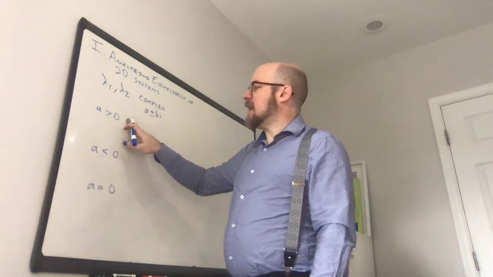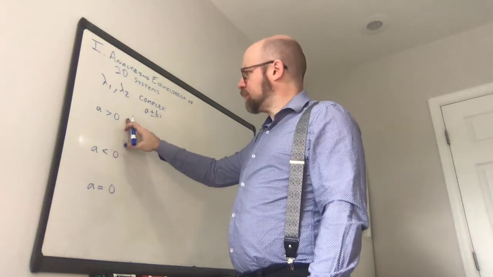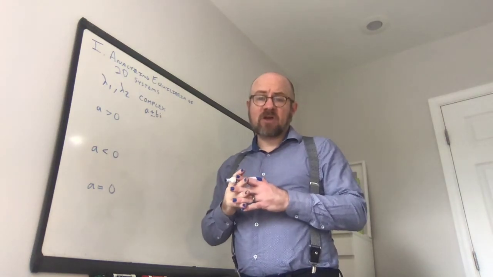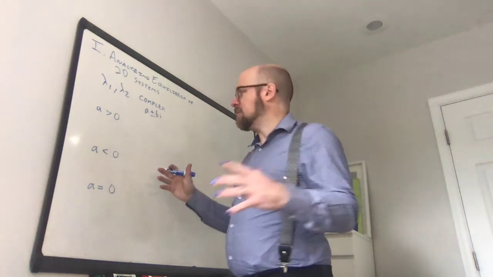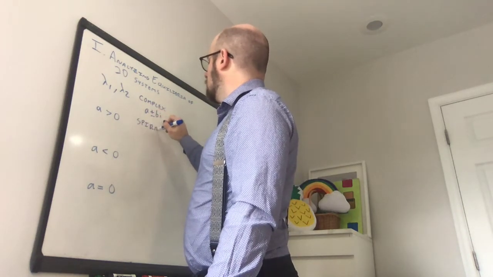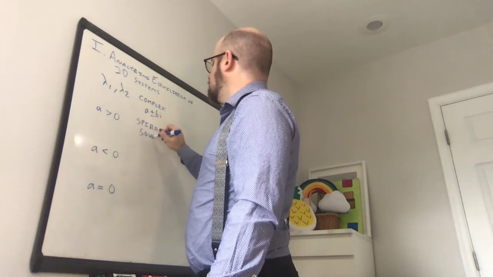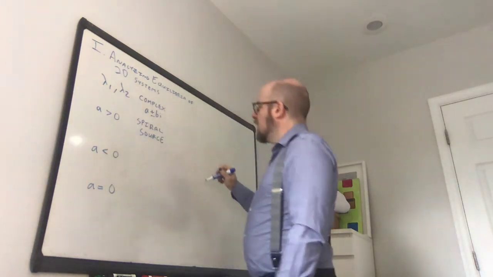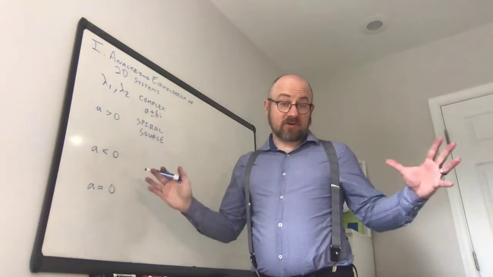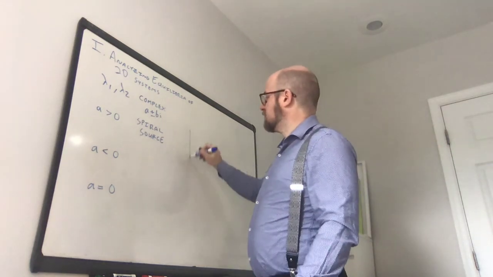Okay? If a is greater than 0, this is similar to a source in that since a is positive, we're increasing away from our equilibrium. And in fact, we get what's called a spiral source. What that means is your nullclines are going to look similar to the way that they do in a source.